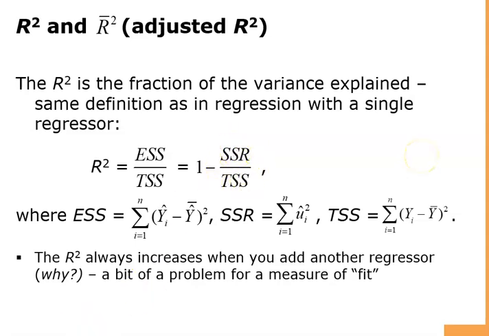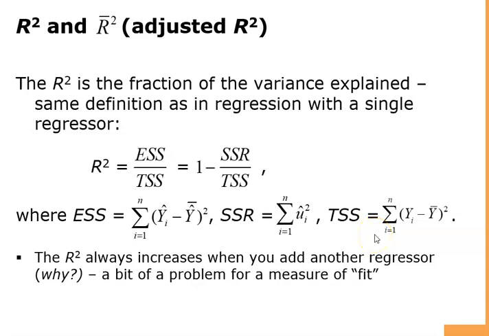So whatever proportion of the total sum of squares the sum of squared residuals is, that is the percentage or the fraction which is explained by the residual. So 1 minus that will be what your regressor is actually explaining as far as the variation in y is concerned. We have already seen in the previous lecture what ESS, SSR and TSS are equal to, so I will not really go into that.